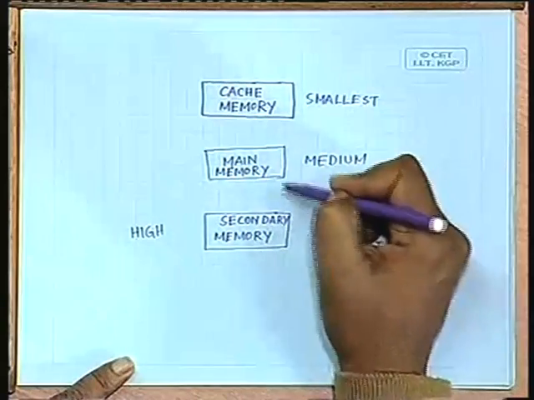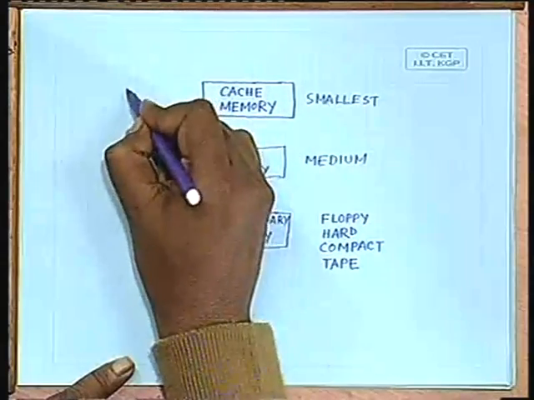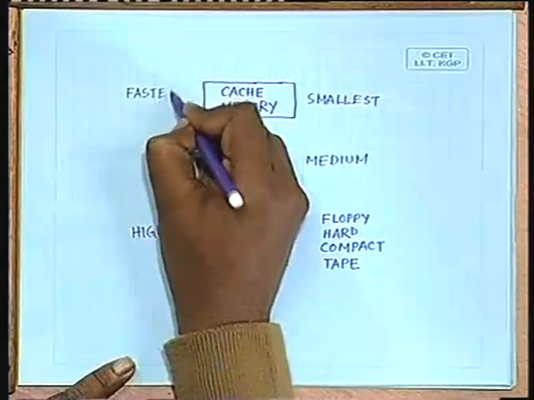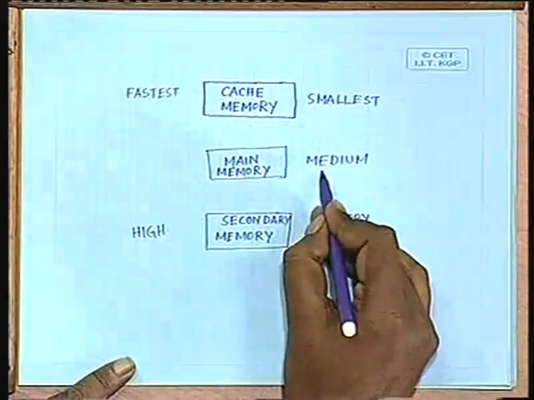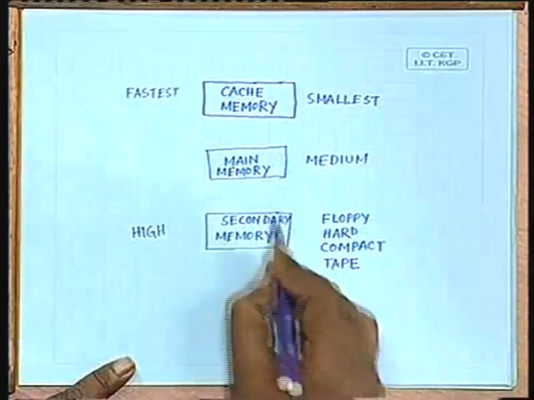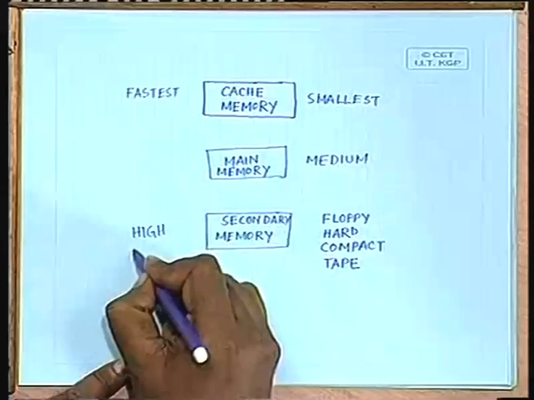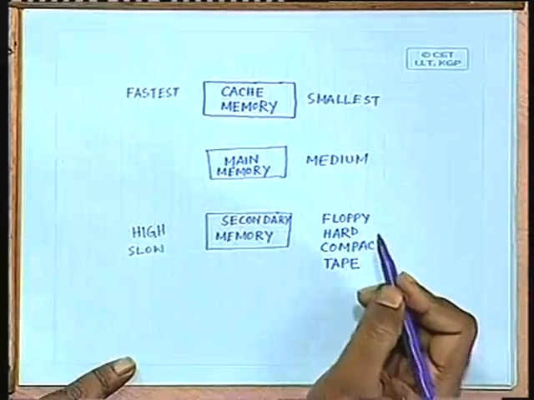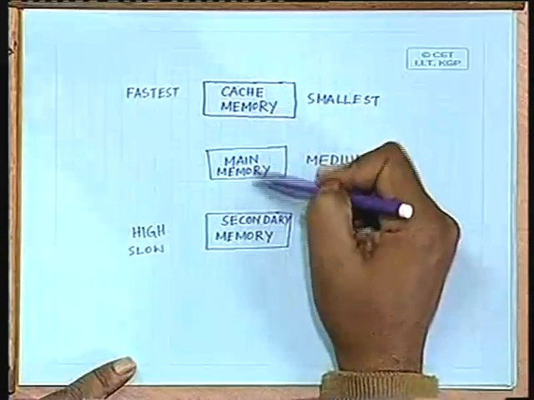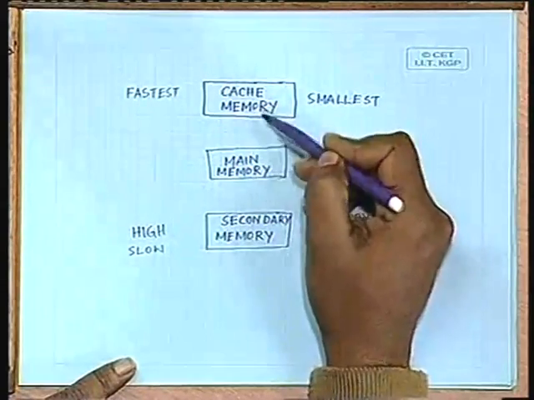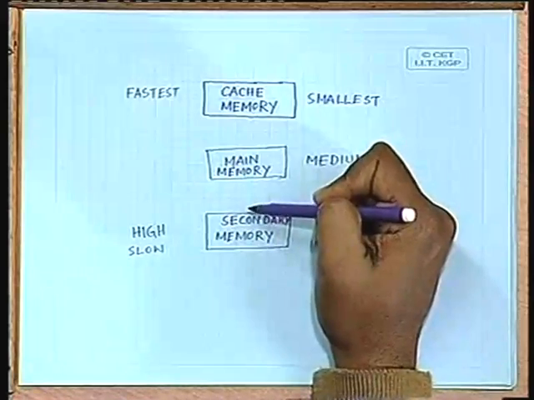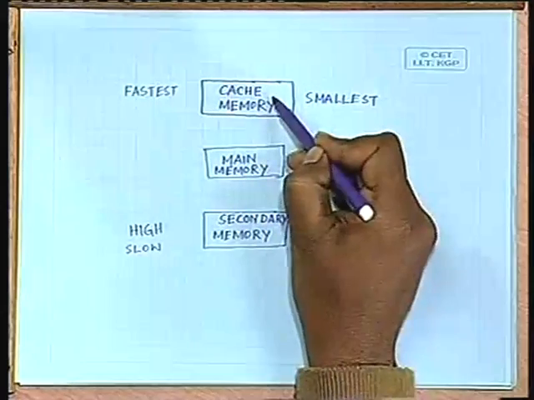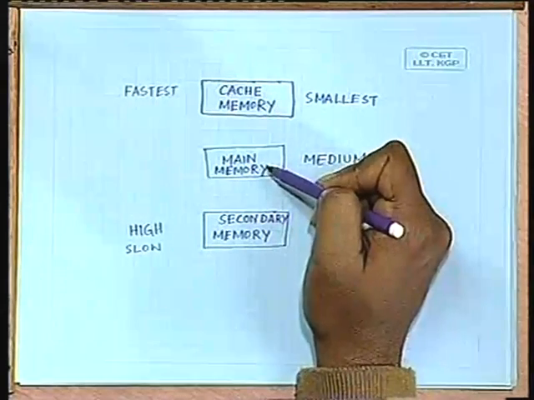Okay. And speed wise, cache memory is the fastest, main memory is medium and secondary memory is very slow. So, we find that the nature of access of these different kinds of memory are very much different, because the CPU has direct access over the cache or it has direct access over the main memory.